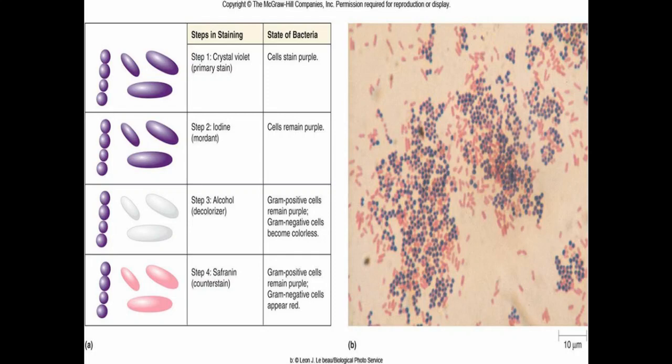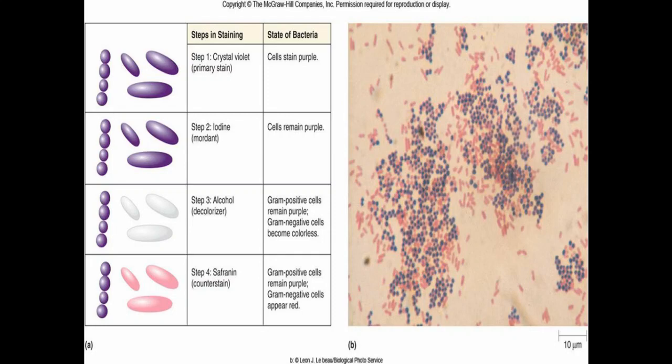What we observe here is that when a decolorizer, that is an alcohol, is used, if gram-positive bacteria are present, they have only a peptidoglycan layer, and the peptidoglycan layer becomes completely dehydrated.